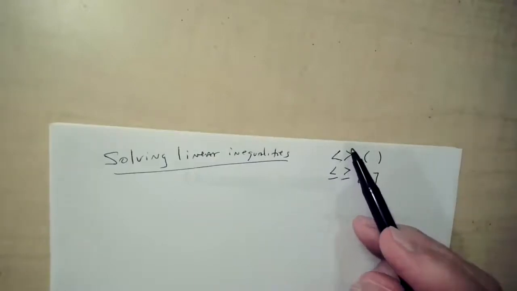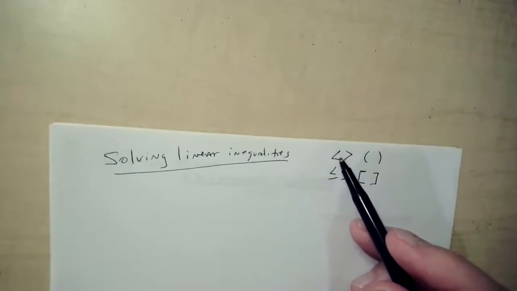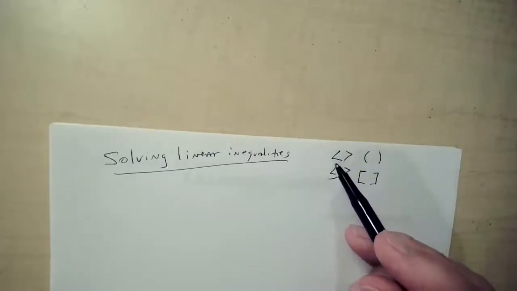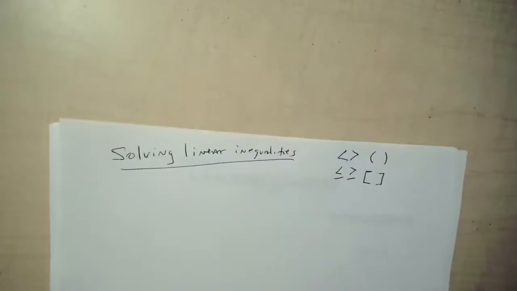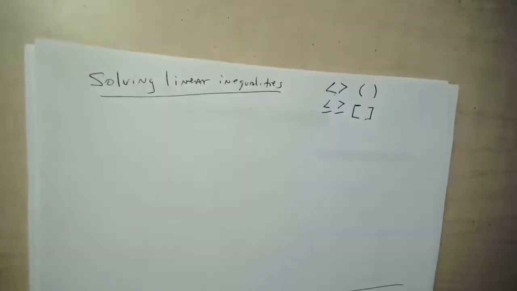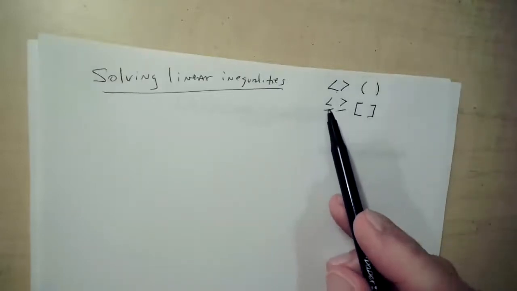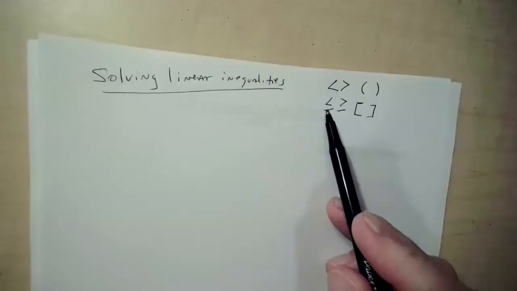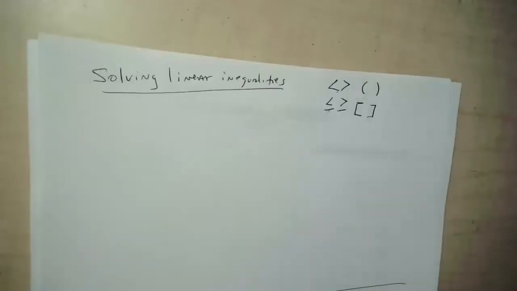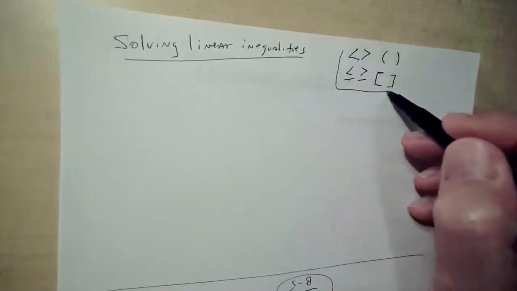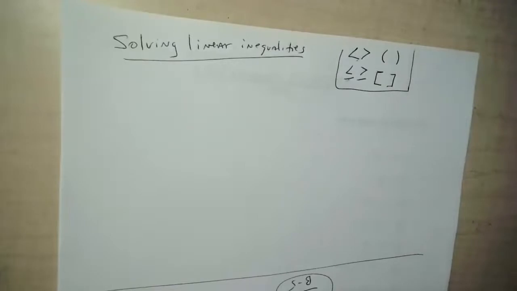If I say that I have less than $10, what's the most amount of money I could have? $9.99, right? All the way up to 10, but not including 10. But if I say I have $10 or less, that's what less than or equal to means. And that means that I could have $10.